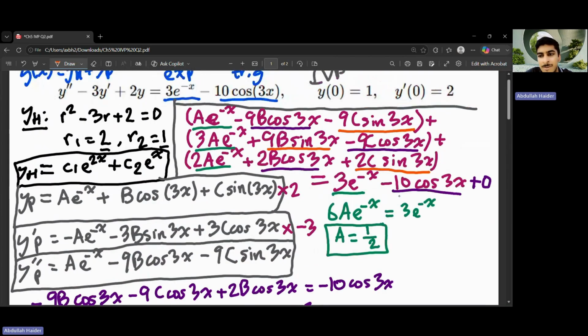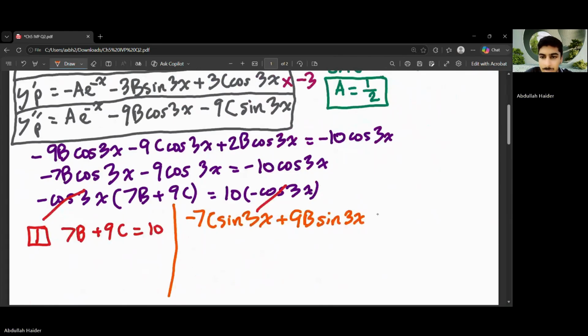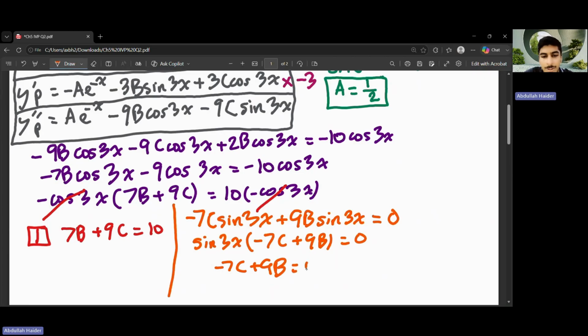Since you don't have a sine on the right hand side of the equation, you assume we have a 0, and you equate the sine to 0. When you factor out sine 3x, you're left with minus 7c plus 9b is equal to 0.